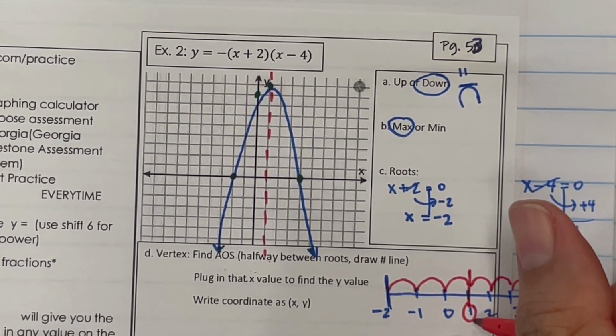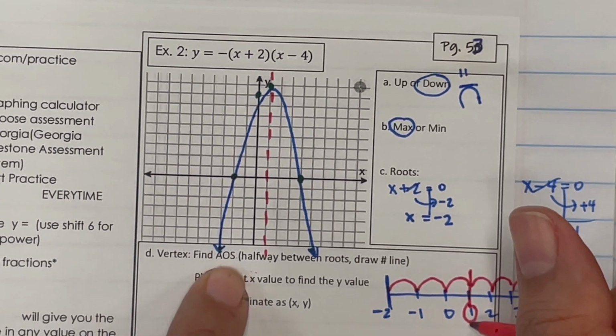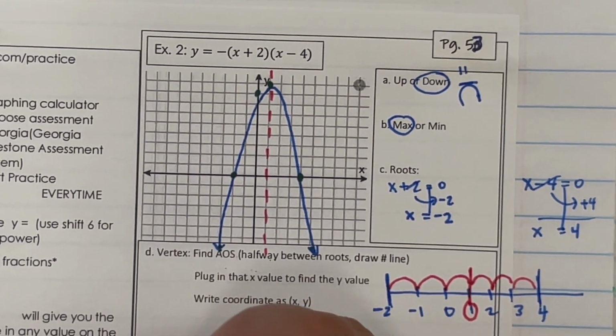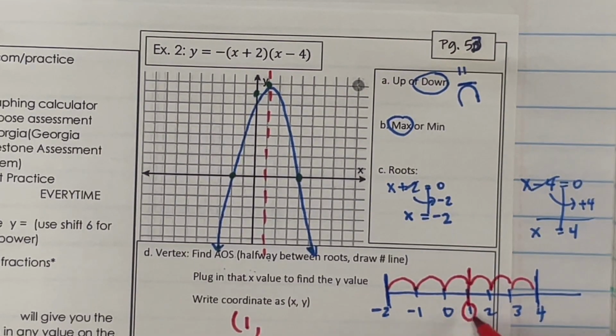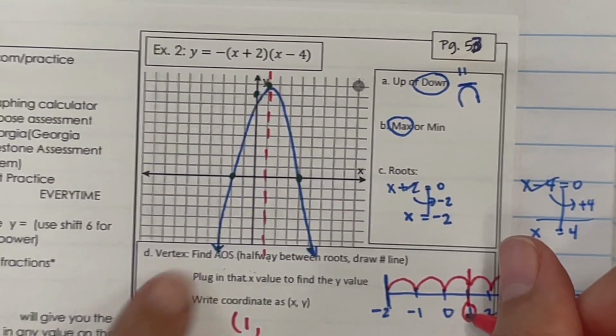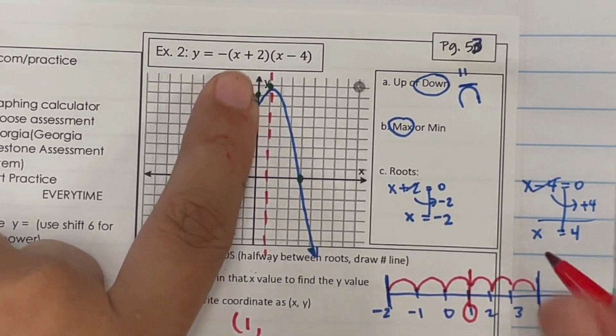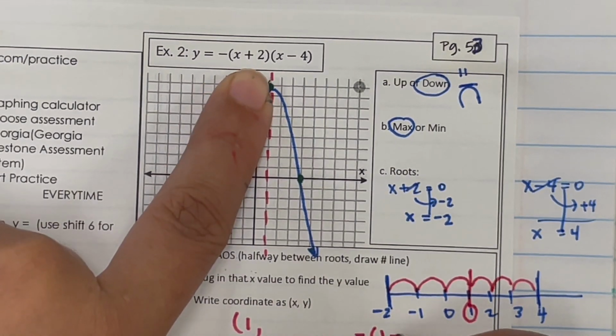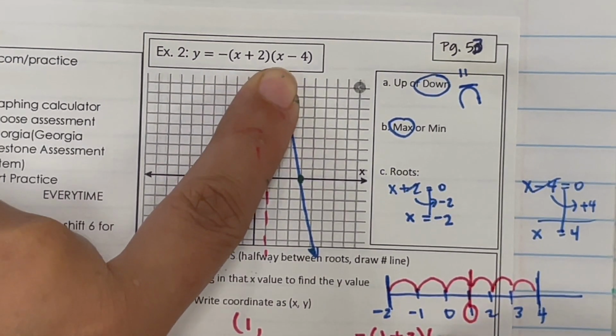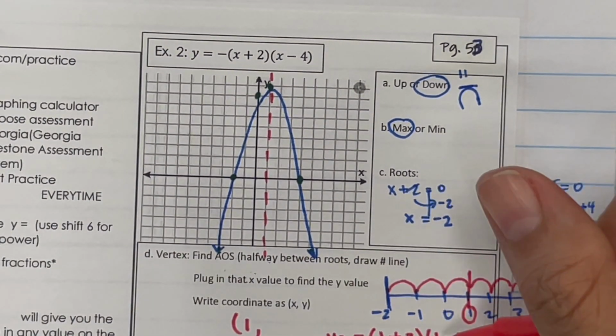So my halfway point, my axis of symmetry, is going to be at x equals 1, right? And that's my x coordinate for my vertex, and then all I have to do is do what? Plug that into the y value. So I come back to my original equation, and anywhere I see x, I'm putting in 1. This is my y value, so this is going to be 3.